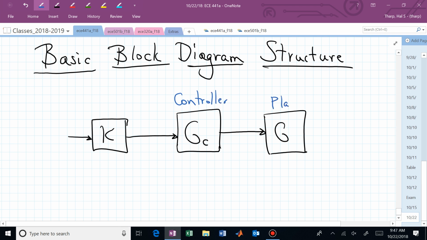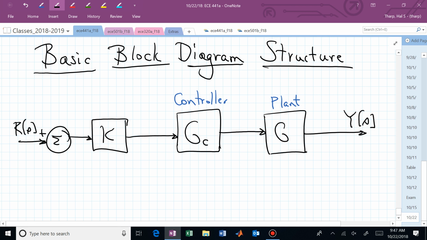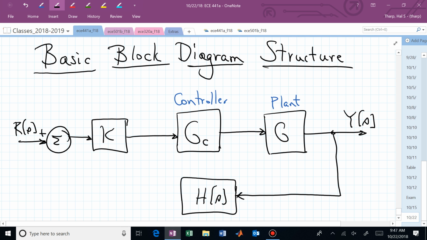Here's the plant. There's our output Y. Here's our reference input R, and maybe we feed this back through some more dynamics H.